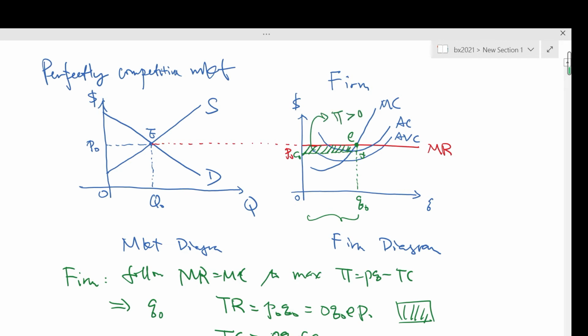And we can see in my drawing here that the profit is positive. So the firms are making positive economic profit. So that's short run.